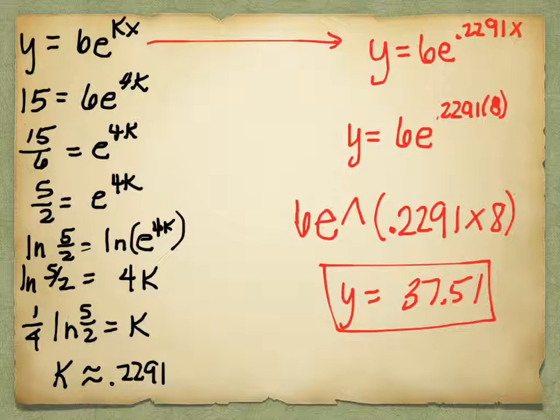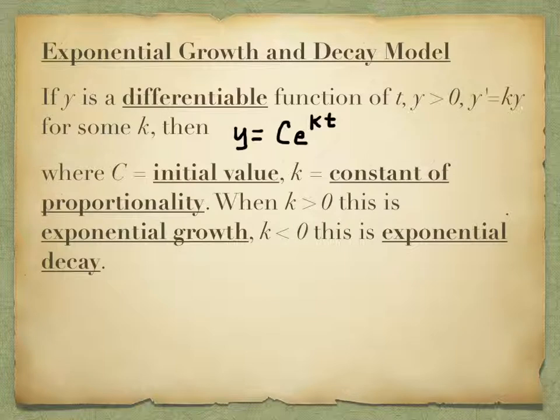Okay, so this actually is an example, number 5, the last one we did, of a growth model. A growth and decay model, depending on which one we're talking about, has a function where, if y is a differentiable function of t, you could use x in place of t, but the book is defining this in terms of t, and when y is greater than 0, y prime is equal to ky for some k, then the differential equation solution is y equals c e to the kt.